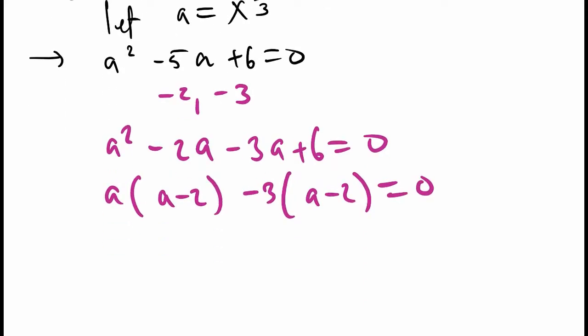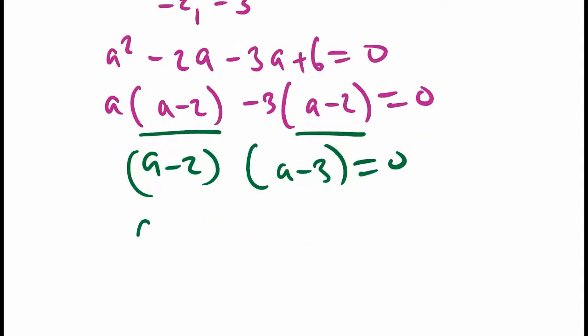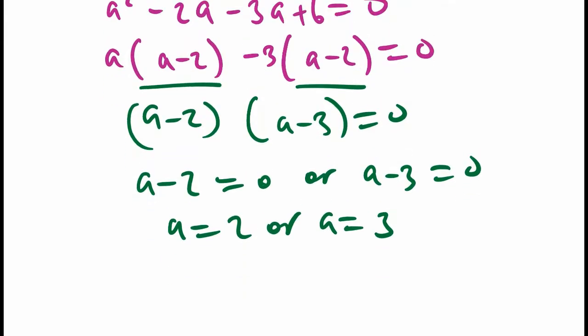As we can see, (a minus 2) is common, so we take it out of the bracket. In the bracket remains (a minus 3). So a minus 2 equals 0 or a minus 3 equals 0, so a equals 2 or a equals 3.